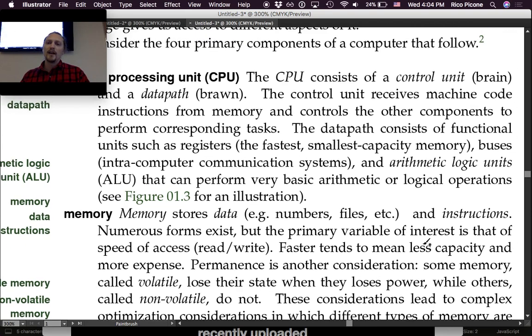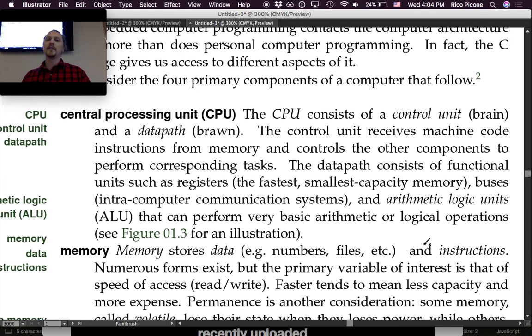The control unit has this sort of telling everybody what to do function, and the data path is like these ALUs and buses for communications and registers to hold a number for just a moment before we take it and add it to this other number.